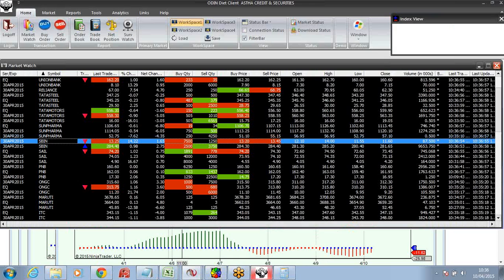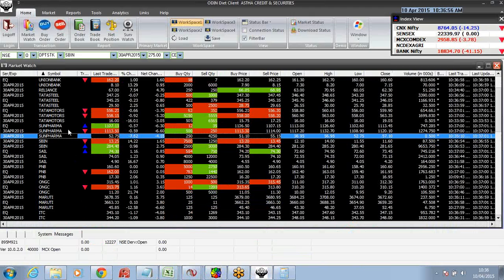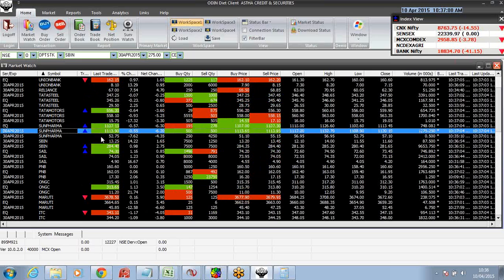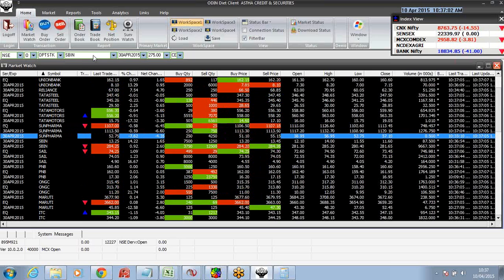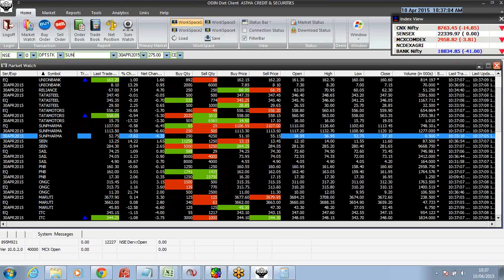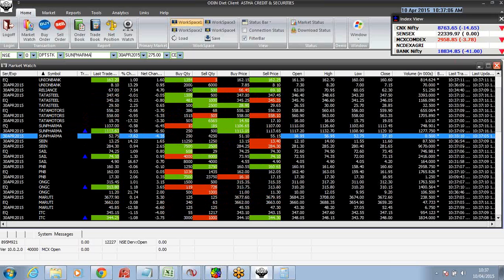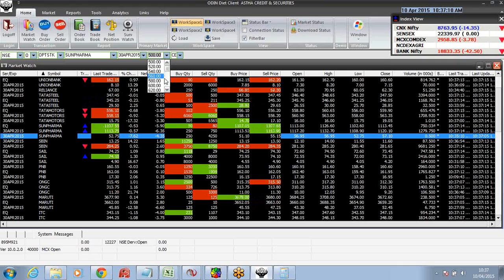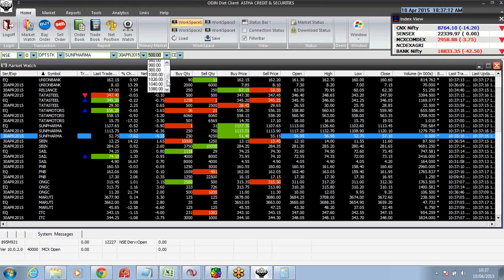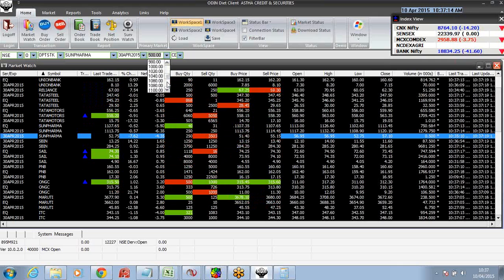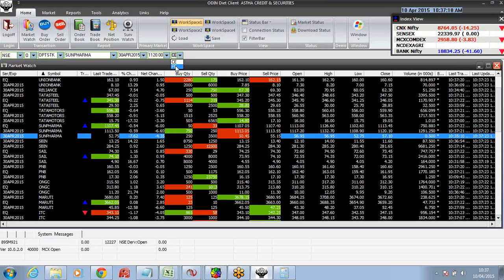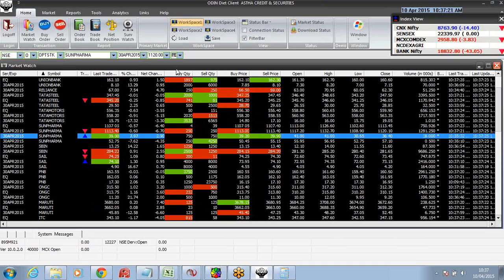Now let me just go to the, so I'll just add Sun Pharma. So here I am going to take the 1120 strike, but here I'll take the put option.